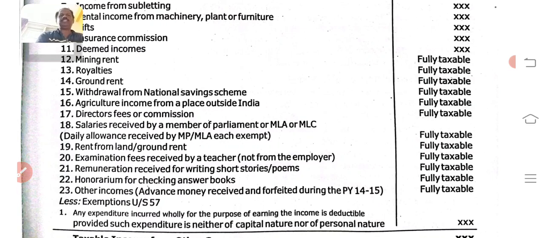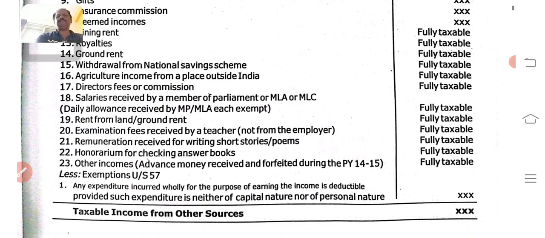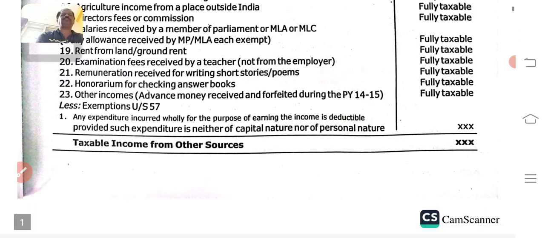So less exemption under section 57. What exemptions? Any expenditure incurred only for the purpose of earning the income is deductible, provided such expenditure is neither of capital nature nor of personal nature.